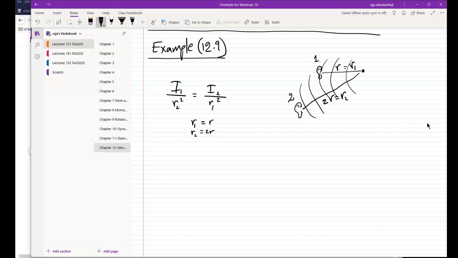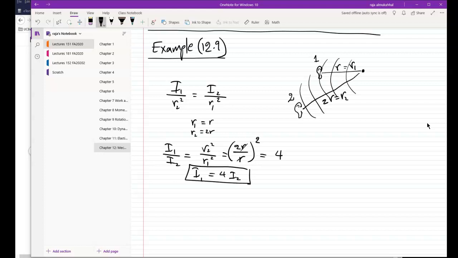Let me put I1 over I2 first. If I cross multiply, I get R2 squared over R1 squared. R2 here is 2R and this one is R, all squared. The R's cancel out and I end up with 4. Make sense? In other words, I1 is equal to 4 times I2.